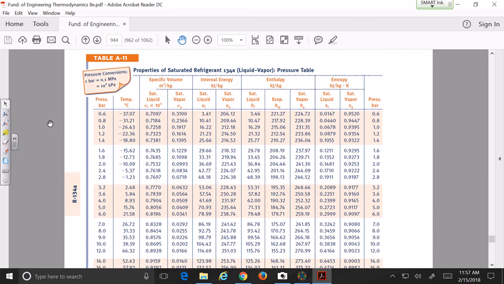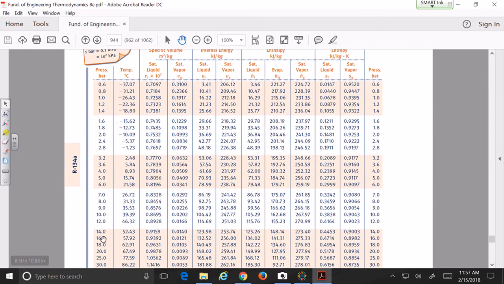So it's 16. So we go down, and at 16. Okay, so if we wanted the temperature at 16, what do we know over here? So we need to know the V. So we know V will be equal to Vg, no?